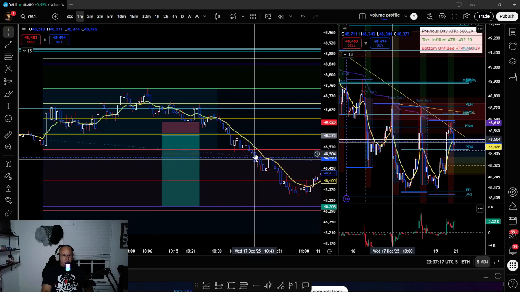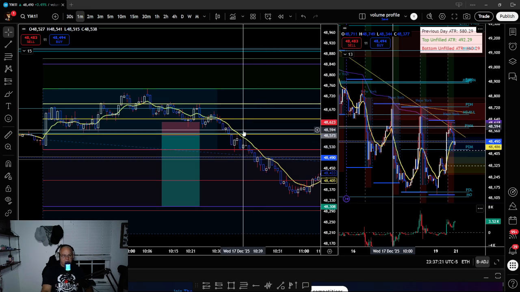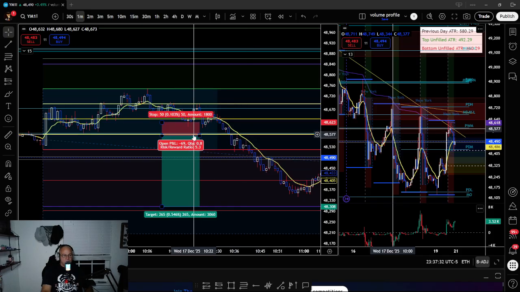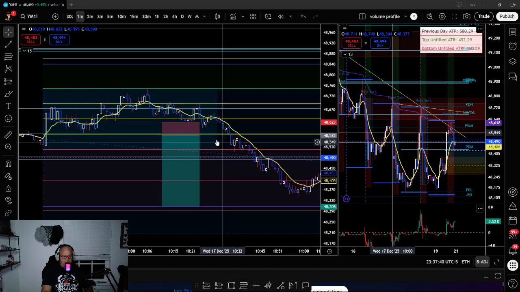So now I'm in double the contracts, and I will also pull my stop down to that high on the push up to the 9 EMA, okay? So when that happens, my average entry price is going to be pulled down to about right here.